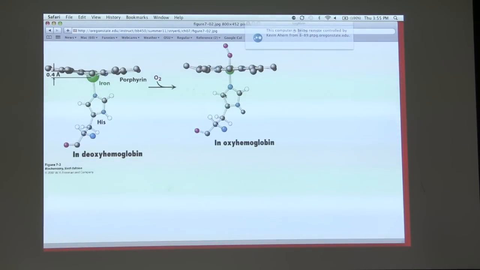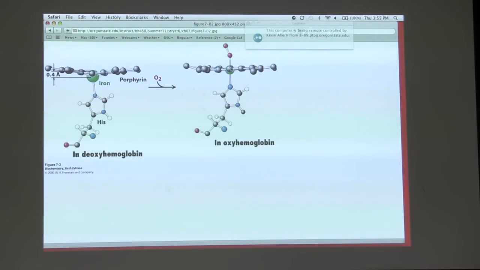This tiny change right here will change the shape of that protein ever so slightly. You say, well, so what? So it changes the shape of myoglobin. What happens? And the answer is nothing. You'll see why changing the shape in hemoglobin, however, is important.